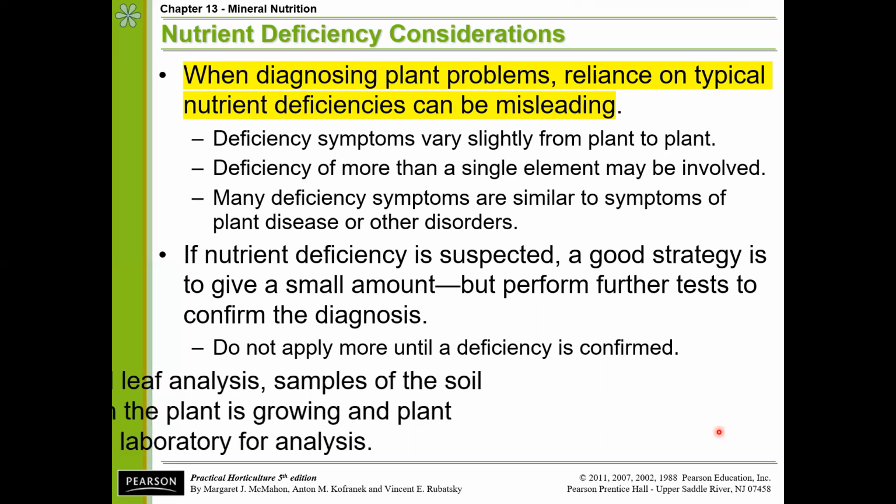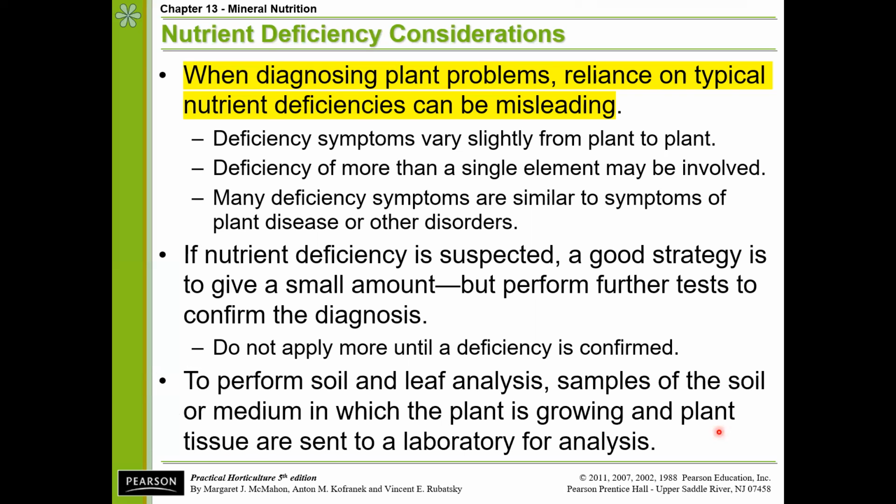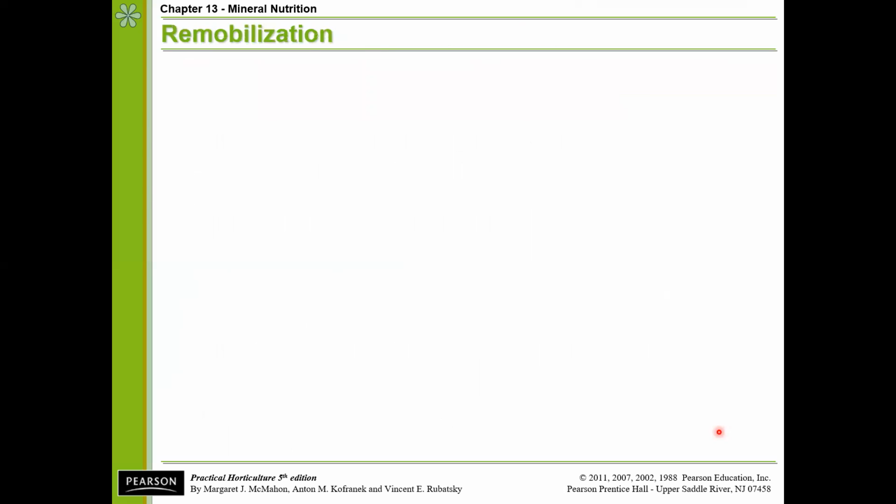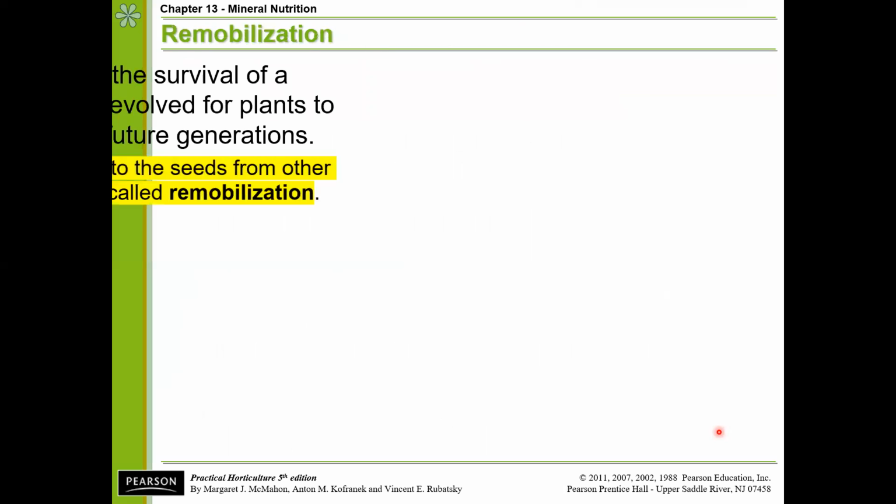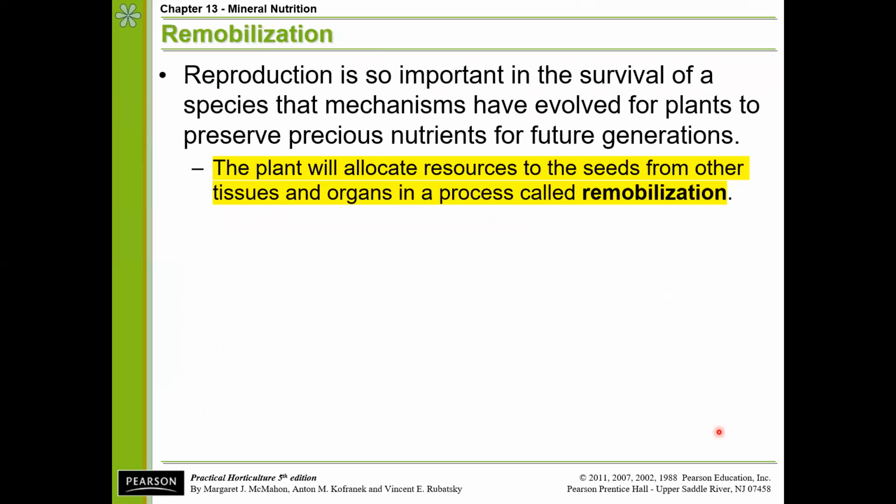We can also do soil and leaf analysis, taking samples and sending a tissue sample to a lab for analysis, or there are tools that you can use to analyze that yourself. You can collect runoff from containerized plants, and you can test your soil. These are all ways to look at what nutrients might be insufficient.